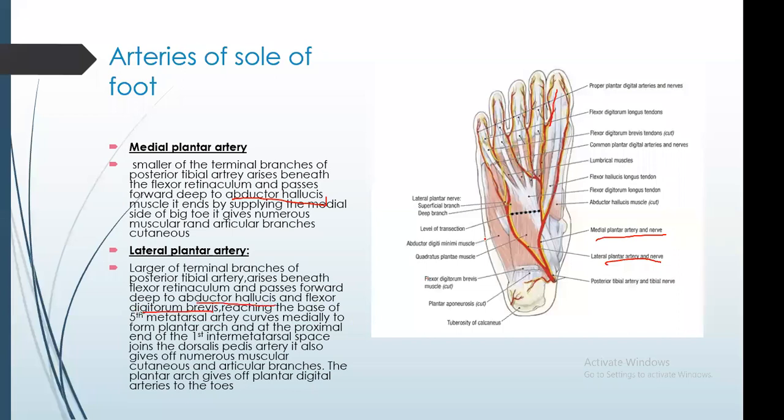Reaching the base of the fifth metatarsal here, the artery curves medially to form the plantar arch at the proximal end of the first intermetatarsal space. From here it goes deep and curves like this, to join the dorsalis pedis artery. It also gives off numerous muscular, cutaneous, and articular branches.